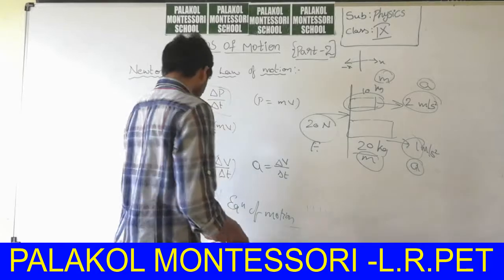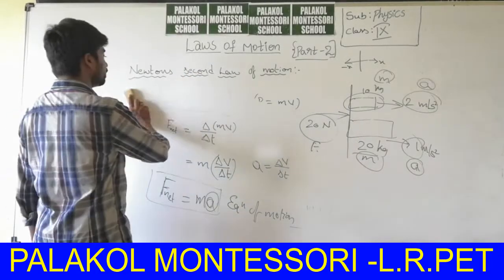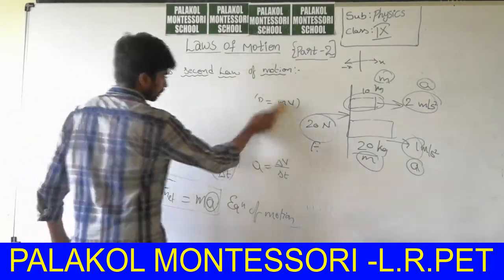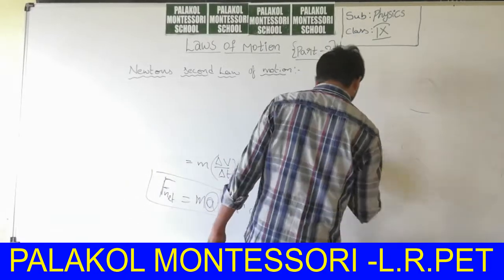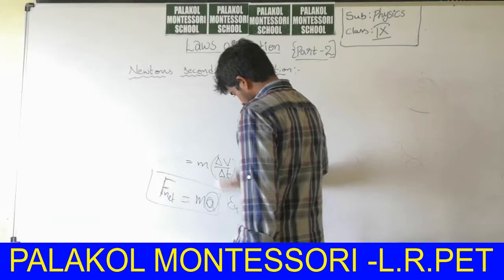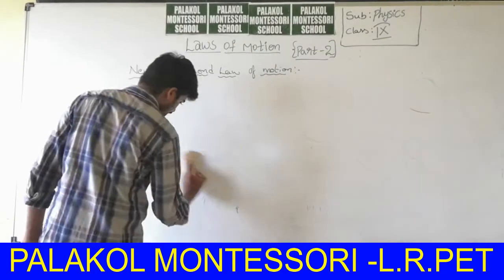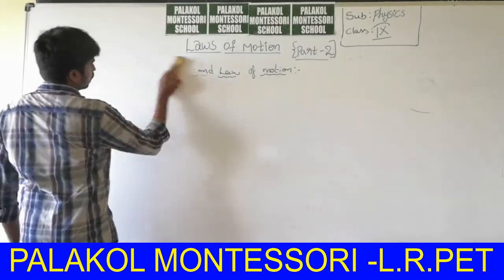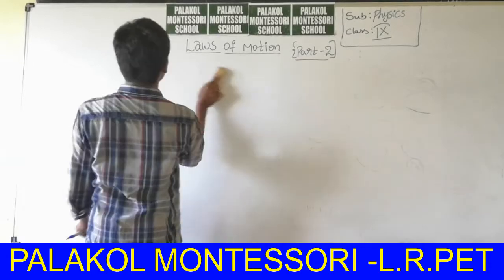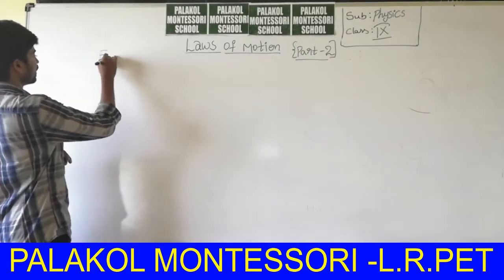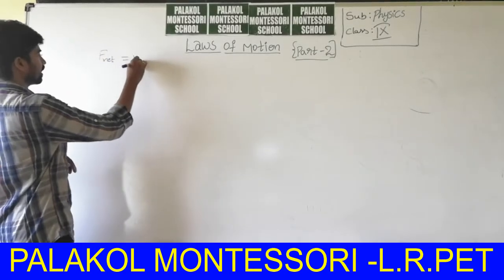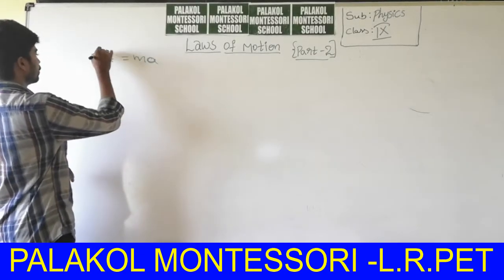Now, let us learn about the Atwood machine. What is Newton's second law? Newton's second law is F net is equal to m a. Just keep this equation in your mind.